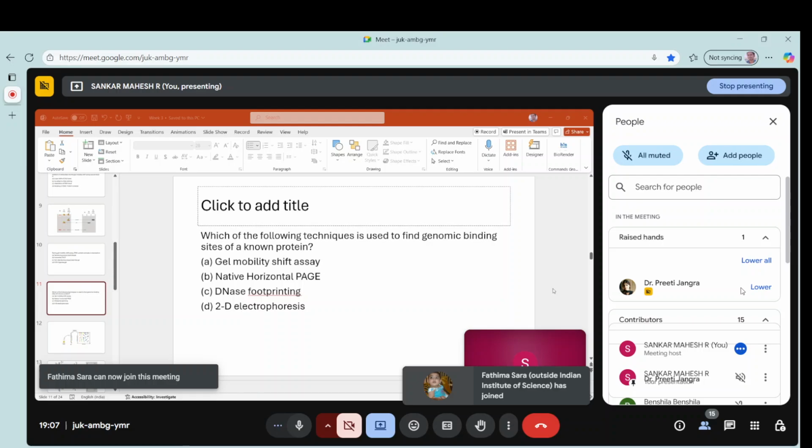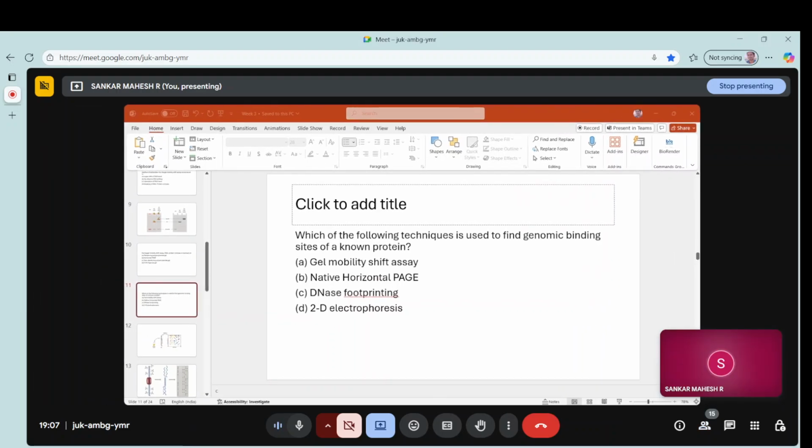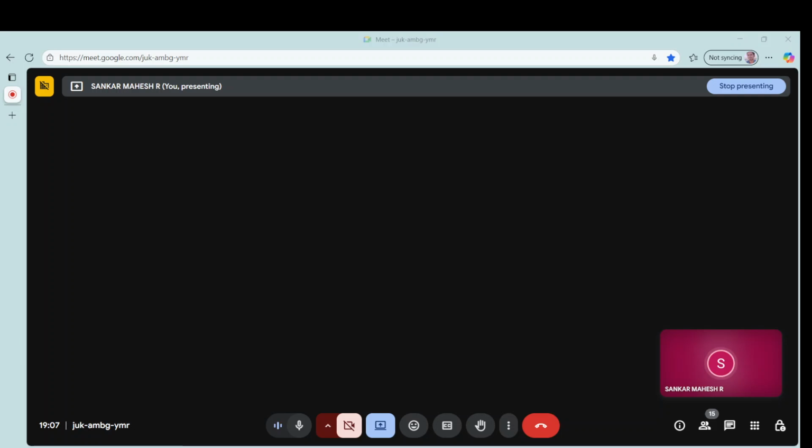Good. And gel mobility shift assay we had seen earlier. I'll just describe briefly what 2D electrophoresis is. So instead of separating your protein by just its molecular weight, when you have a total cell lysate, you can separate it on more than one basis. Here they use a method called isoelectric focusing, where you have a strip with different pH, from lower pH to higher pH.